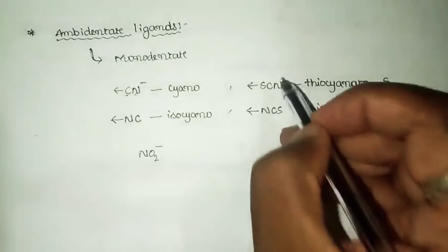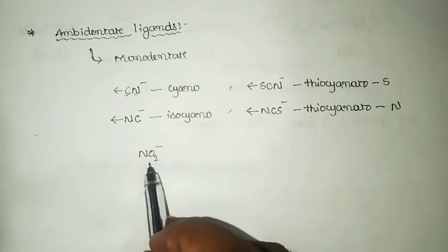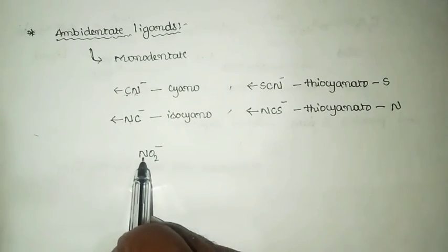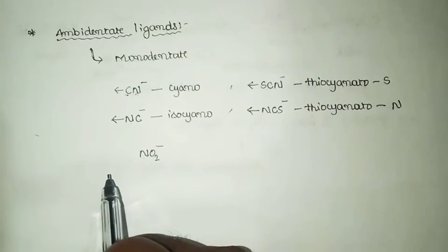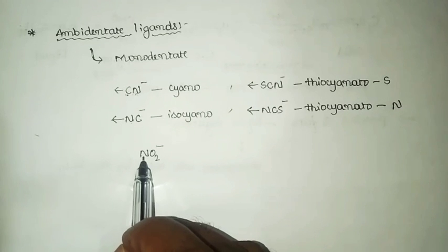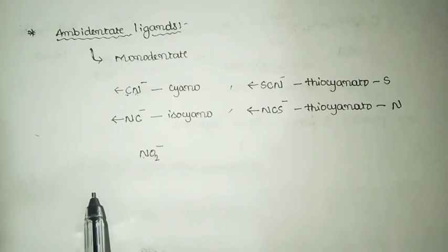One last example for an ambidentate ligand, NO2 with one negative charge. So NO2-. Here both nitrogen and oxygen have the capability to act as the ligating atom. But when nitrogen is acting as the ligating atom, oxygen remains normal. When oxygen is acting as the ligating atom, nitrogen remains normal.